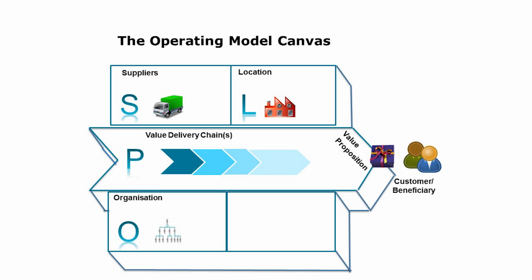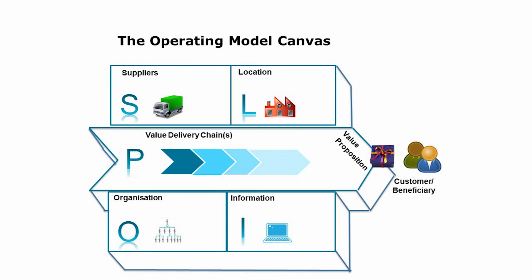On the right-hand side below the middle arrow is the information box. This is about those software applications that are needed to support the work in the middle arrow.